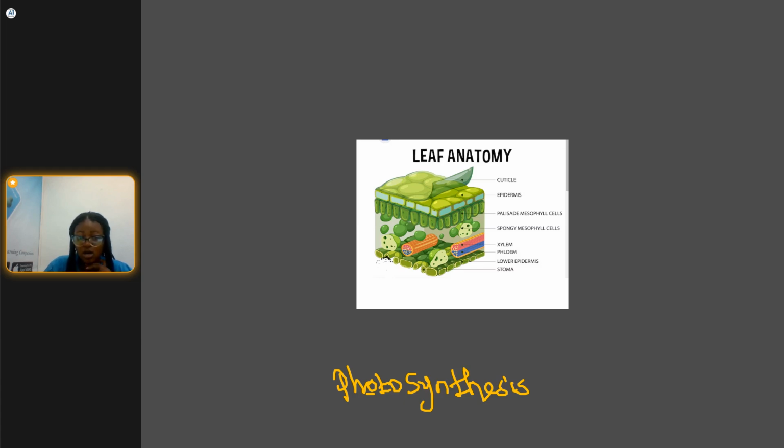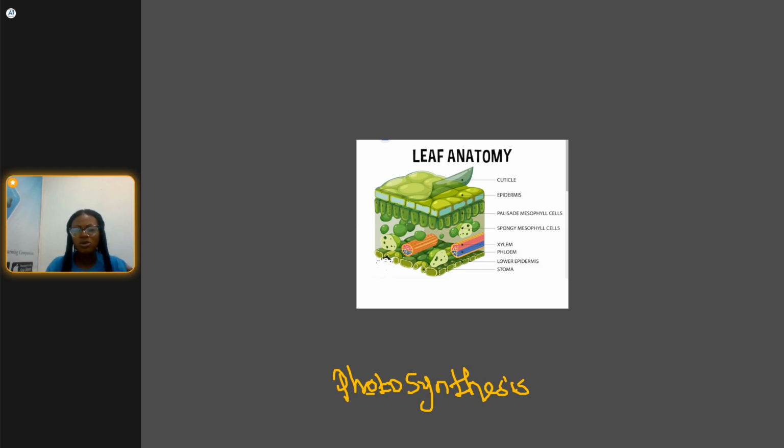Photosynthesis is a process whereby green plants synthesize or manufacture organic compounds, primarily sugar, from carbon dioxide using sunlight as a source of energy and chlorophyll. The leaf is the one that is more exposed to the sunlight, to rain, to every season. So the leaf is the site of photosynthesis.